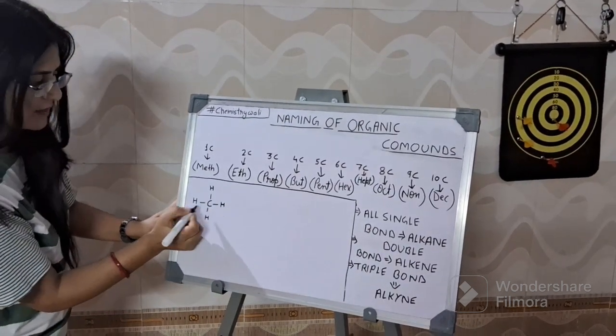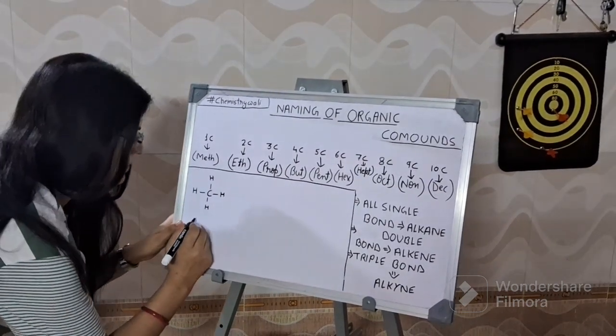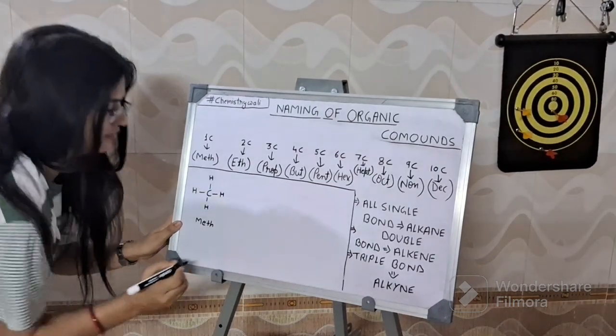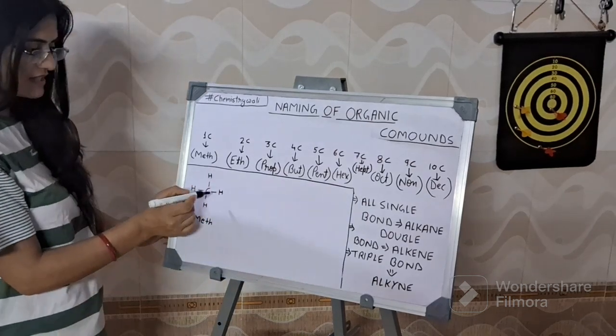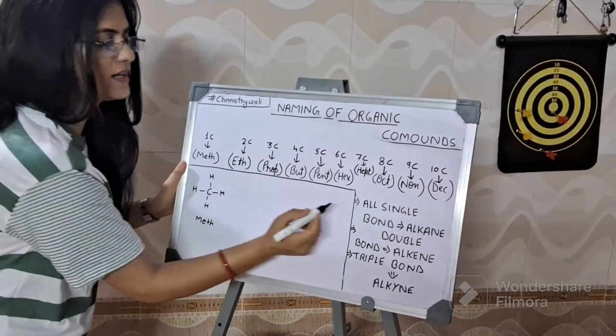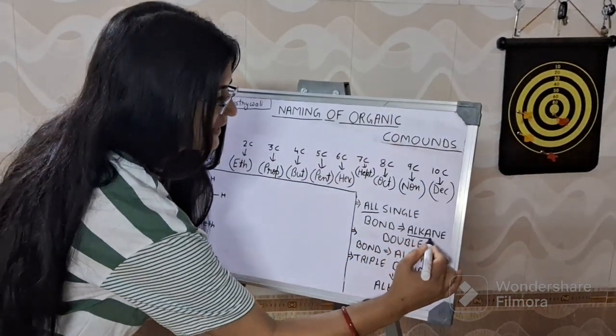So the number of carbons in this compound is 1 carbon, so we will write meth. Now, if single bonds, we can see 1, 2, 3, 4 bonds are there. All 4 are single bonds. All bonds are single, so this will be an alkane.